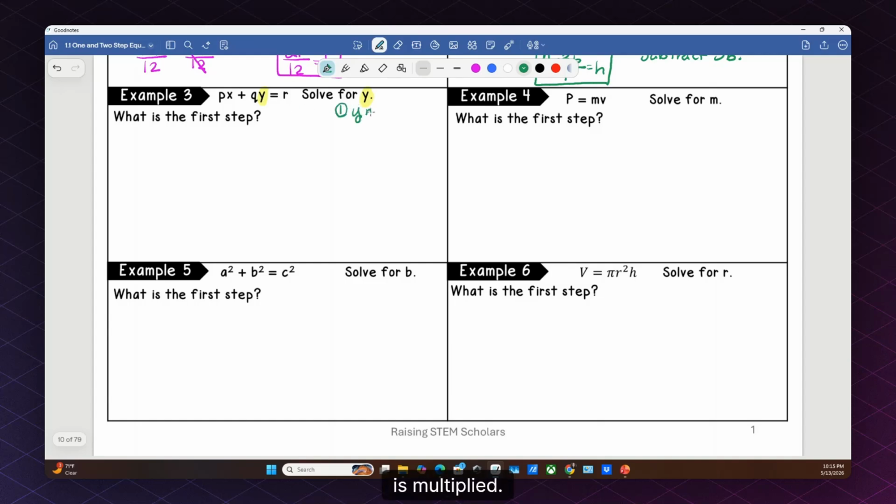y is multiplied by q. And then the next closest thing is this px over here. And so then we can say px is added to qy.